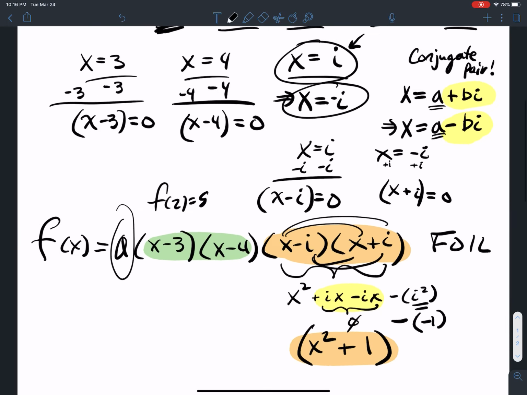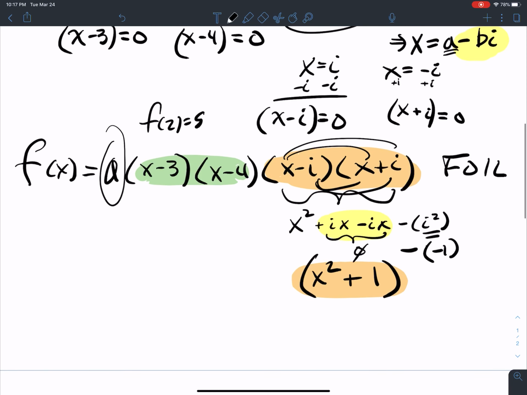So what do I plug in for x? Just think about that for a second. Everywhere I see an x, what am I going to plug in? I'm going to plug in a 2. So f of 2 is equal to a times, and then I plug in 2 minus 3, and then 2 minus 4.